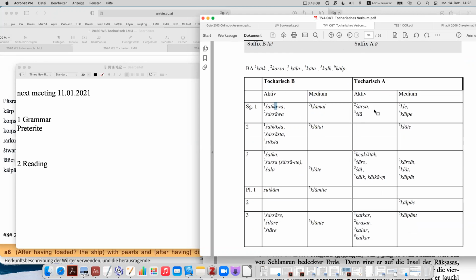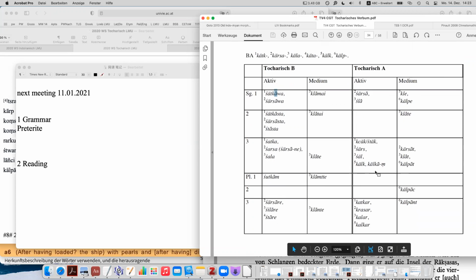Let's check the first root. The Tocharian A form is here, I find it here. I know it looks different from this one. It goes back to the syllable structure in Tocharian A. Originally the consonant group is actually t, k.